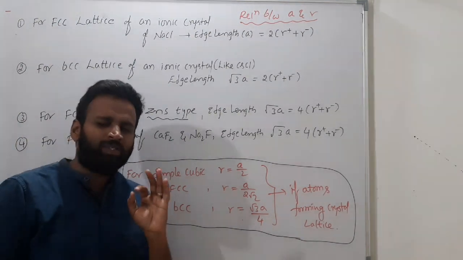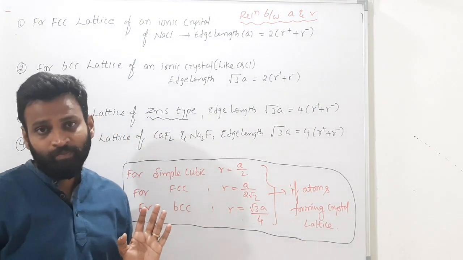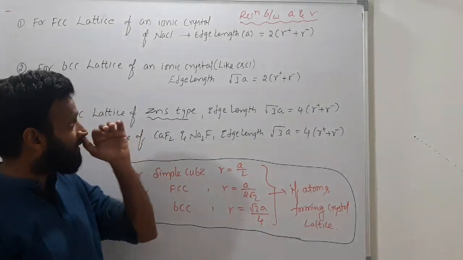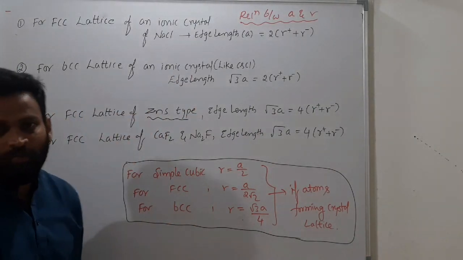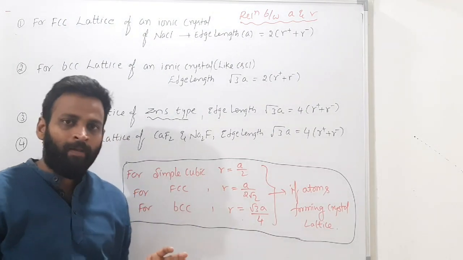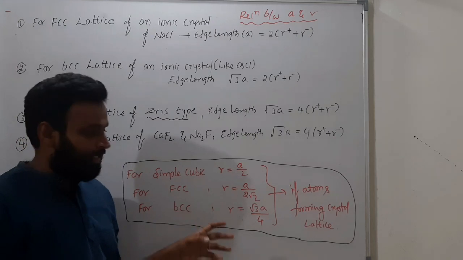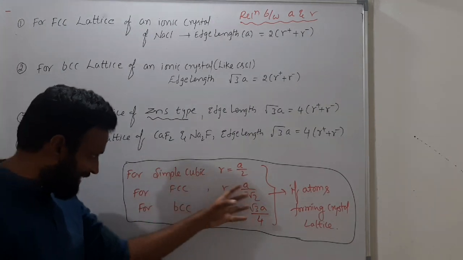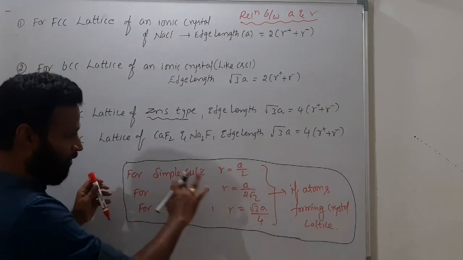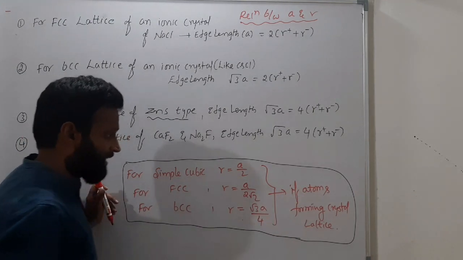Remember, all these formulas are very important for us. Nothing is complicated, they are very simple formulas, but very important. When we consider all these formulas which I kept in a box, it is if atoms are forming a crystal lattice.